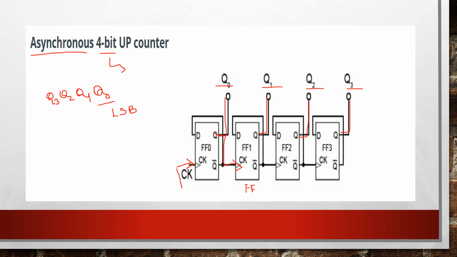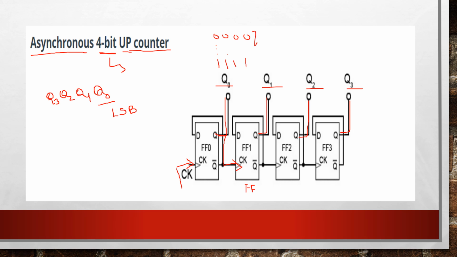Here we are using the D flip-flop for 4-bit up counter. So what is that up counter? Up counter means it starts counting from 0, 0, 0, 0 to 1, 1, 1, 1.